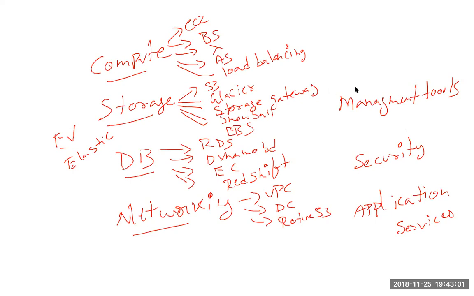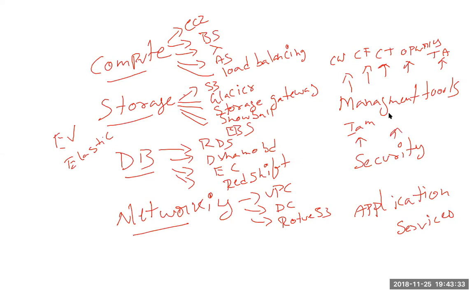Okay. There are multiple services for management tools. One is called CloudWatch to monitor the performance of the cloud. I have CloudFormation, CloudTrail, OpsWorks, and Amazon Trusted Advisor. We will see what all these things are in a bit. Okay. I have one more service for security, which is called IAM.